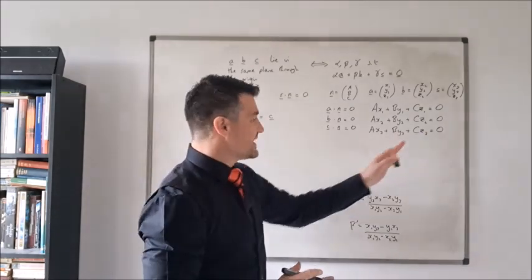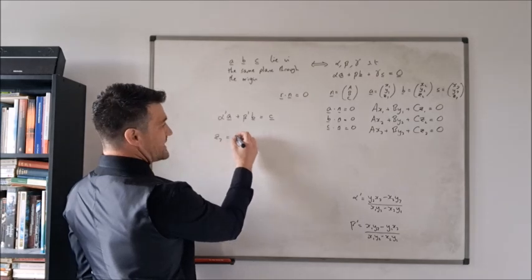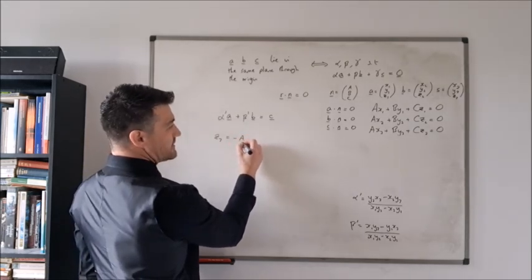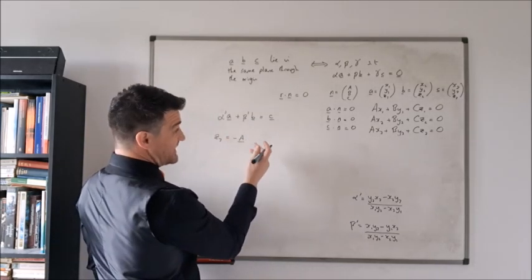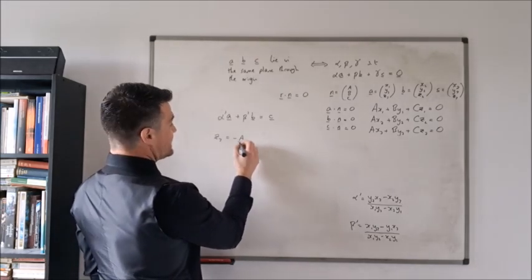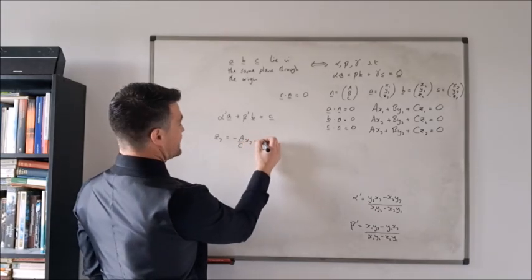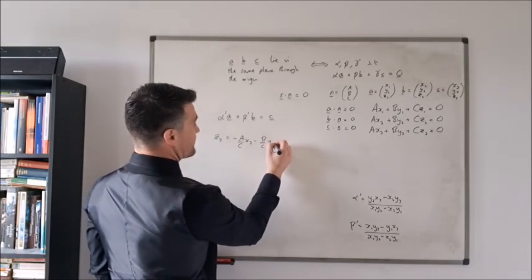Now, if I just use this, then I'm going to get something that's going to be quite clumsy. I'm going to get something like z3 equals minus a over c x3 minus b over c y3, assuming that c is not equal to 0, by the way.